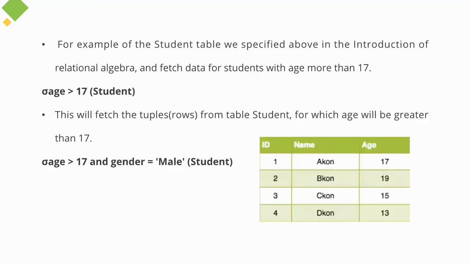So in the previous example, we needed all the data whose age is less than 17, but now we are taking all ages more than 17. So how can I write it? Sigma age greater than 17. Sigma is the select predicate.